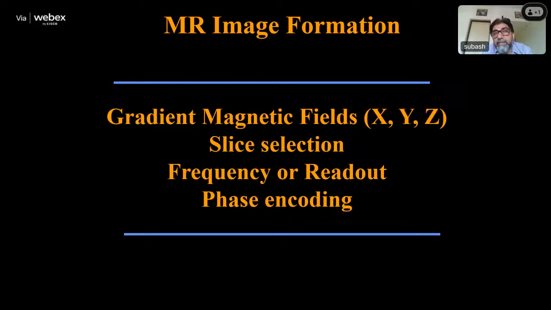So these are the three gradients which are necessary to encode a signal from a single point. It's like when three planes cut each other, there's a point of intersection. Similarly, when these three gradient fields cut each other, you have a pixel, the image element or image point to acquire.